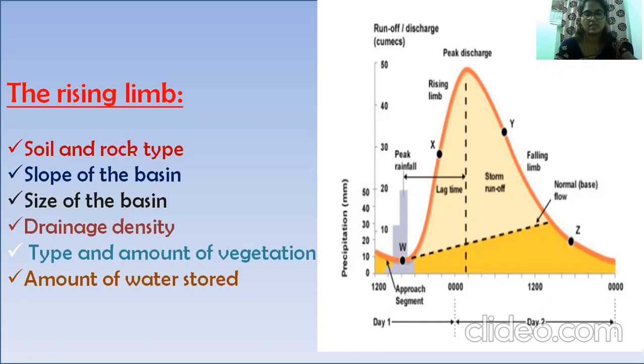The lag time in a watershed depends on the following factors: soil and rock type, slope of the basin, size of the basin, drainage density, type and amount of vegetation, and amount of water storage.